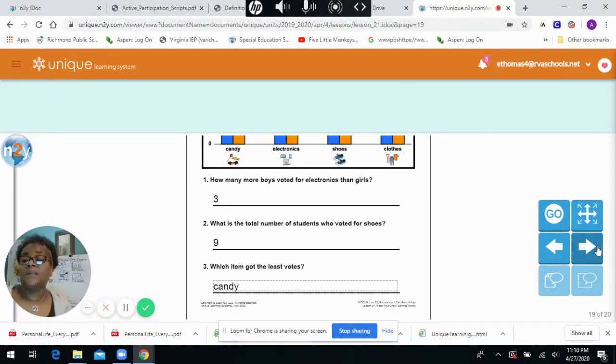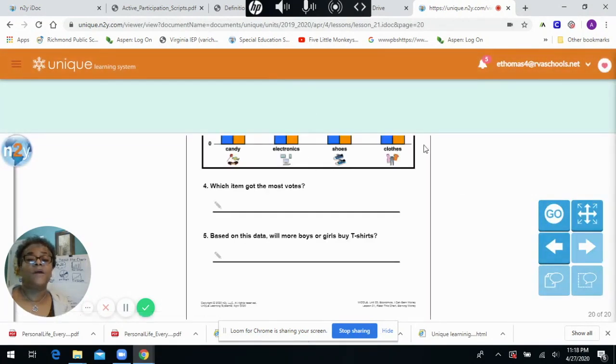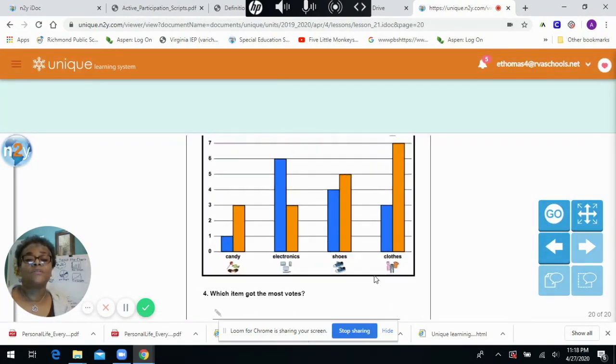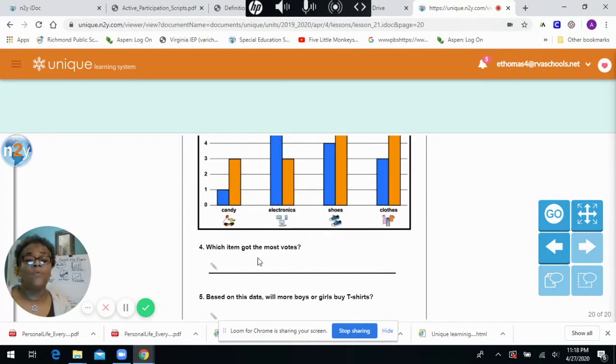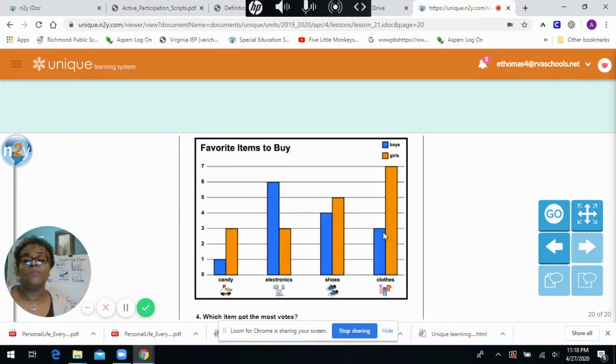Awesome. Let's keep going. And remember, we're doing a double graph. And we have 2 more questions to answer. Now, which item got the most votes? Okay, let's count. This might be a little tricky. So they got 1, 2, 3, 4, 5, 6, 7, 8, 9 for electronics.